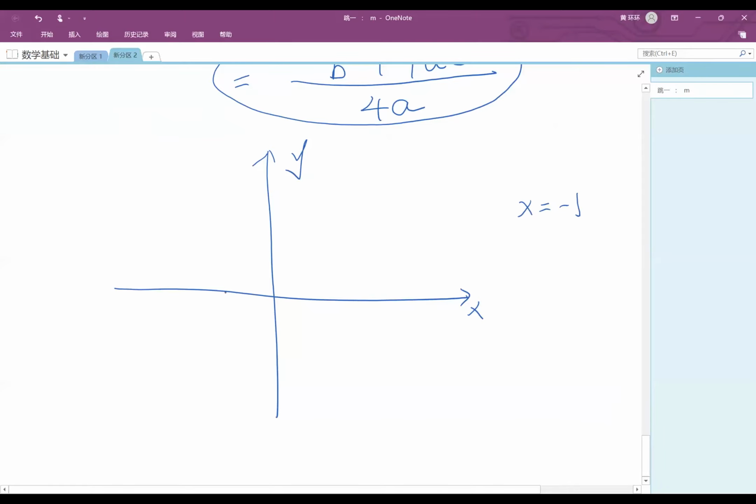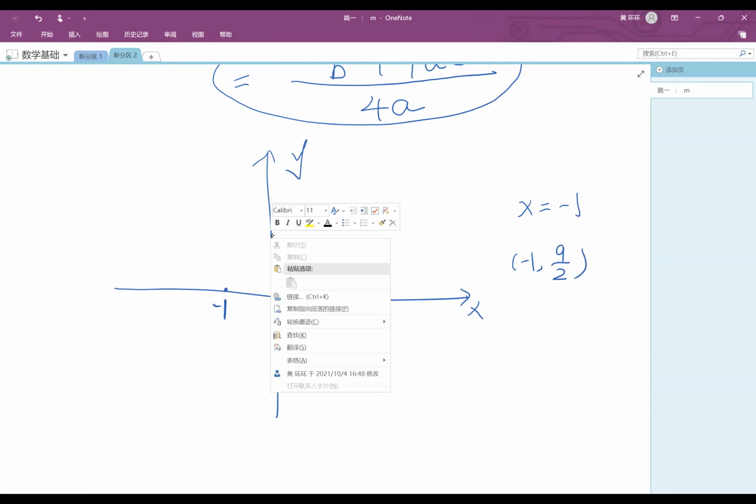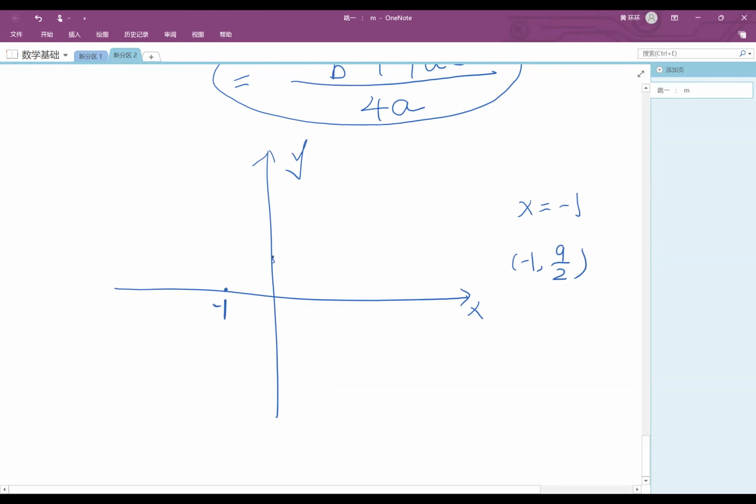If we graph this parabola, this is -1, and the vertex of this parabola is -1 and 9/2.